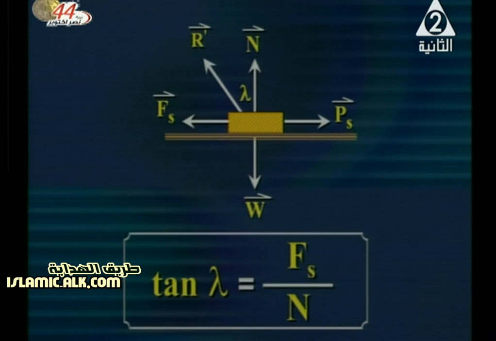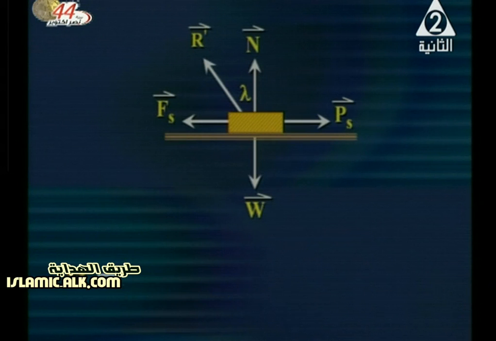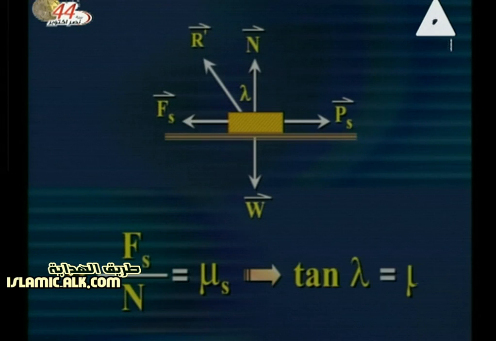Tan lambda equals Fs over N. Why? Because Fs is the horizontal force and N is the reaction force. Tan is opposite over adjacent, equal to Fs over N. By this rule, Fs over N equals μs. In this case, tan lambda equals μs.